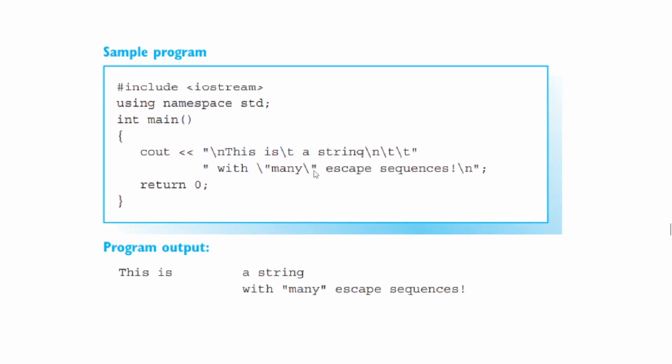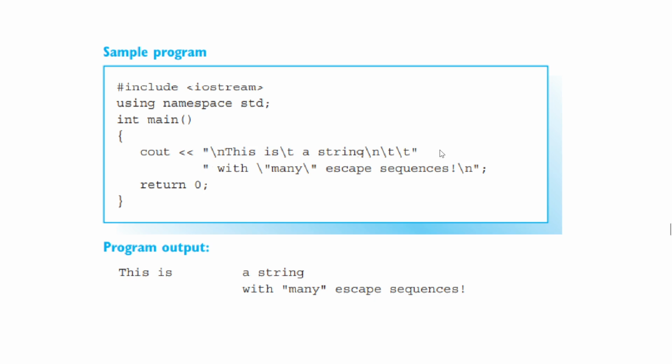So we start here with our preprocessor for inputting and outputting into the console. We have the standard namespace, and then our main function that will run our code. We start out with cout, so we're outputting to the console, and right away we have a string, but it looks quite robotic.